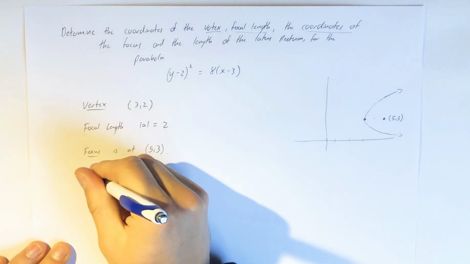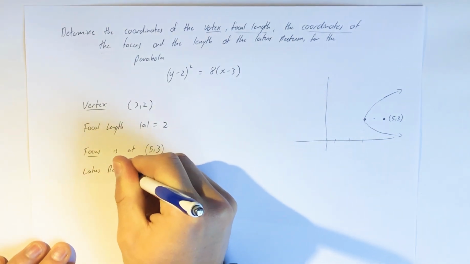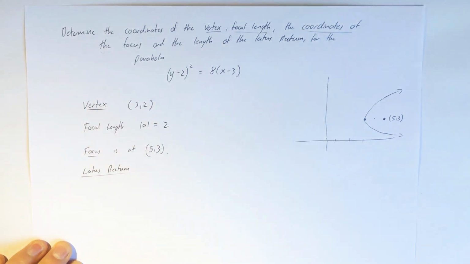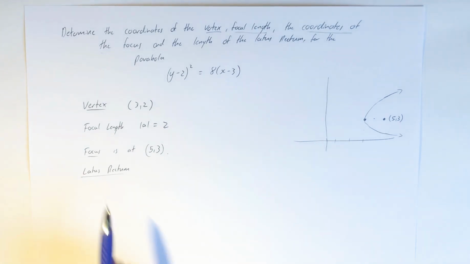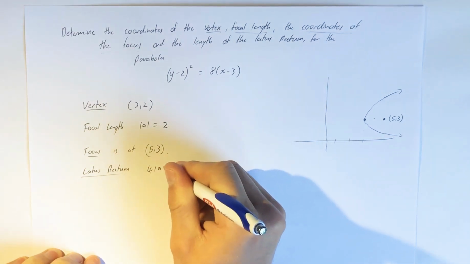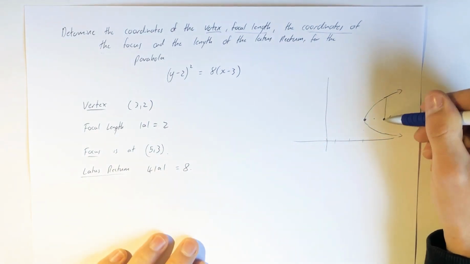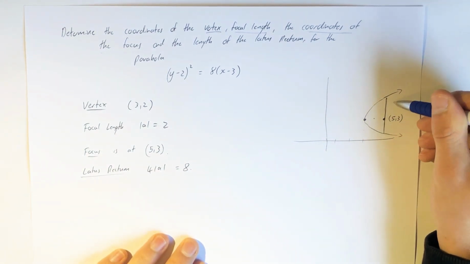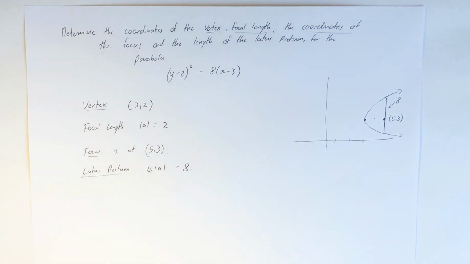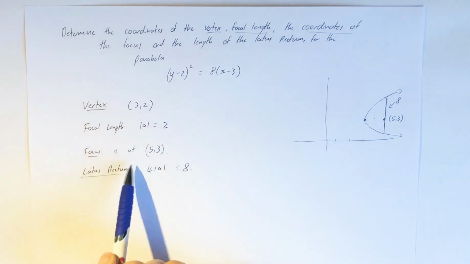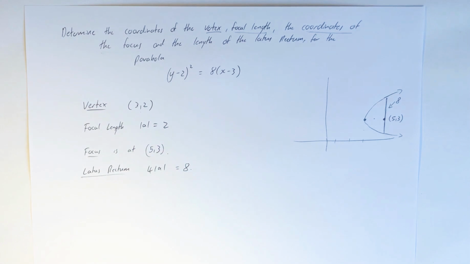And the latus rectum, I'll find out what that means. It's Latin, something to do with distance, or a straight line. It is 4a, so it's 8. The latus rectum, so the length of that line there, is 8 units long. So vertex, focal length, the coordinates of the focus, and the length of the latus rectum. It really is that easy.